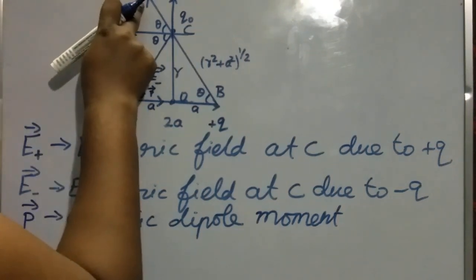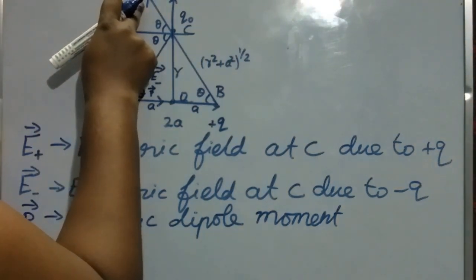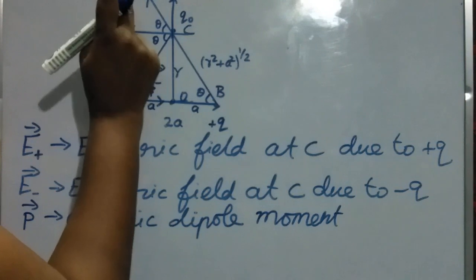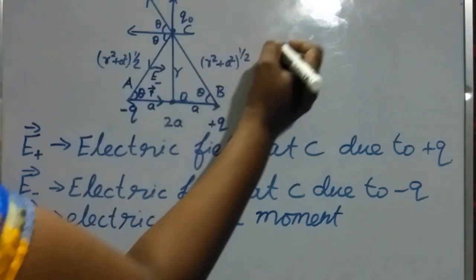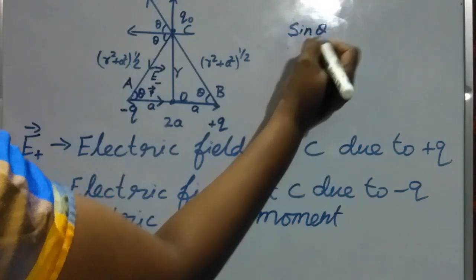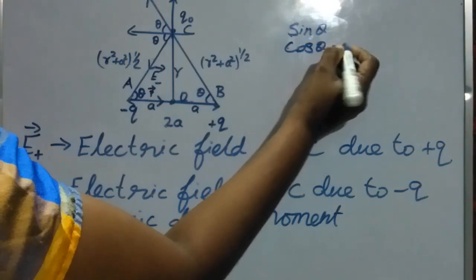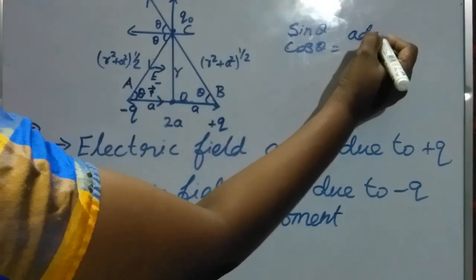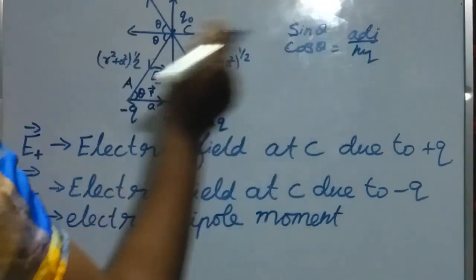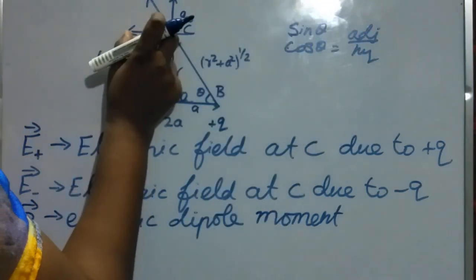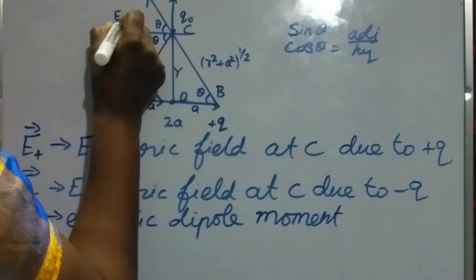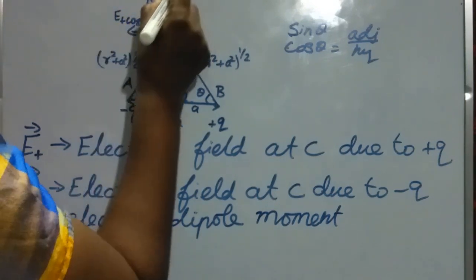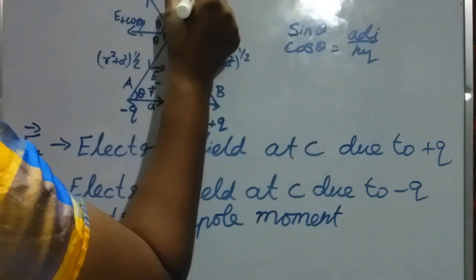The E plus vector is resolved into two components, E plus cos theta and E plus sin theta. The formula for cos theta is adjacent side by hypotenuse. For this angle, this side is the adjacent side. So this will be E plus cos theta and this will be E plus sin theta.